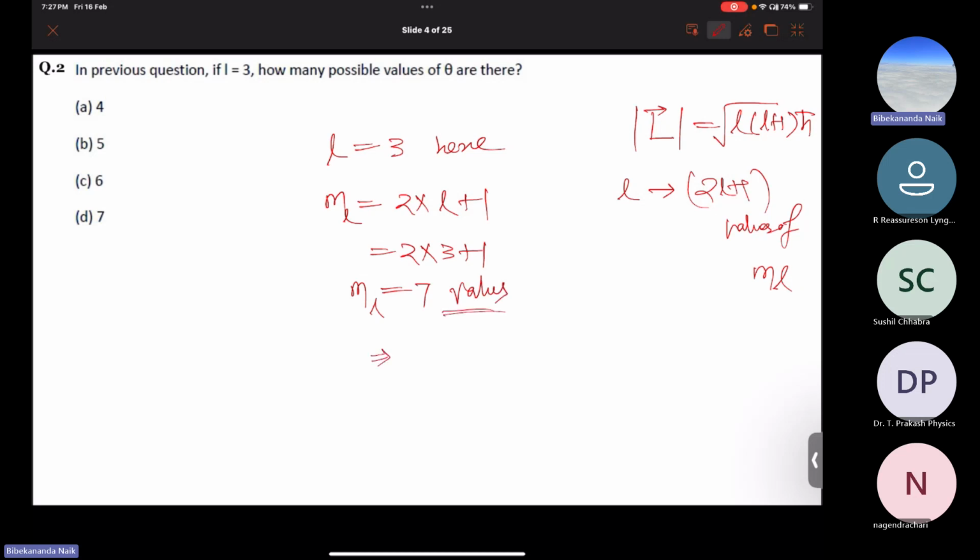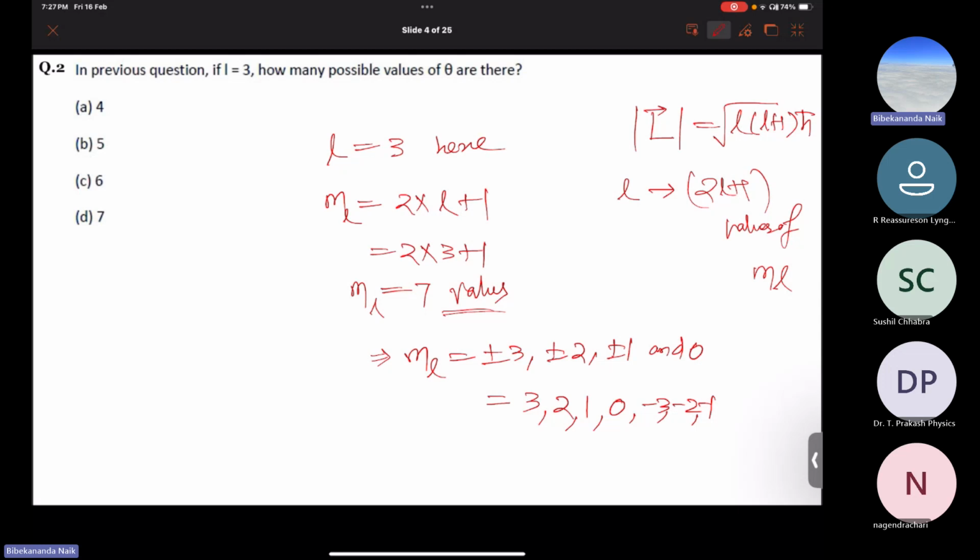And what are those values? The values of ml are plus minus 3, plus minus 2, plus minus 1, and 0. That is 3, 2, 1, 0, minus 1, minus 2, minus 3. So these are the 7 values of ml.